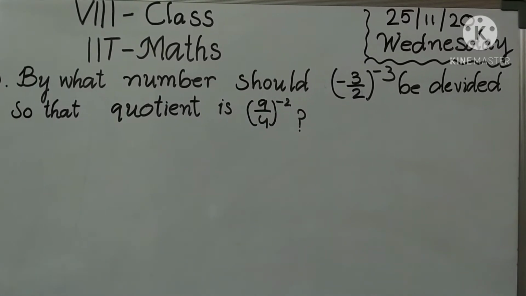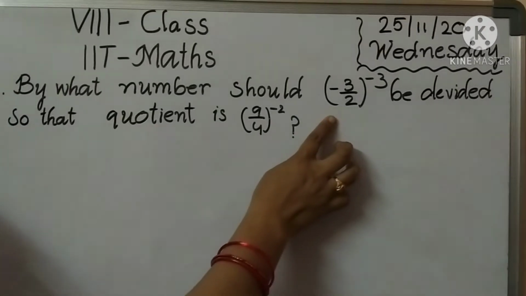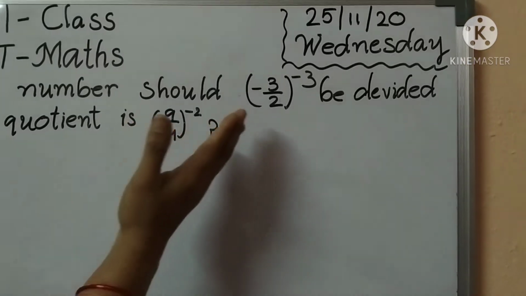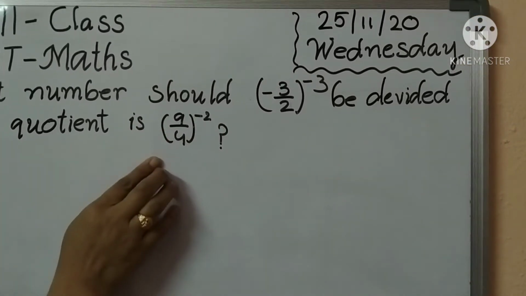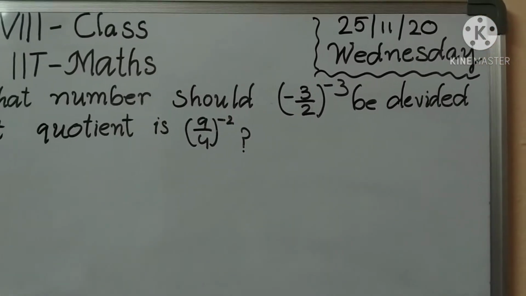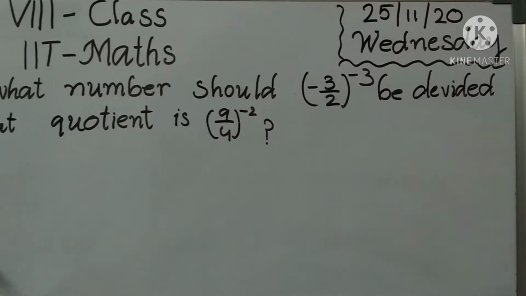Did you understand, children? Which number is divided? For example, one number is given, and we divide it by another number to get a quotient, here (9/4)^-2. Here only one fraction is given.